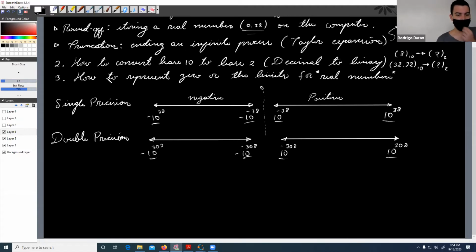Another thing that you want to know is what is machine epsilon. We saw from MATLAB that machine epsilon was approximately 10 to the negative 16 for double precision.